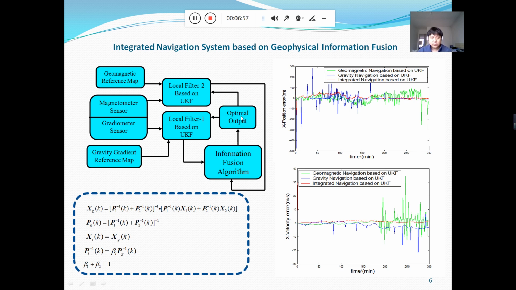Then the optimal output can be fed back into the two local systems to update the state estimations in each of them. This integrated navigation system can improve the performance of each local system and reduce the noise and disturbances from each of them. So this is my idea, the integrated navigation system.